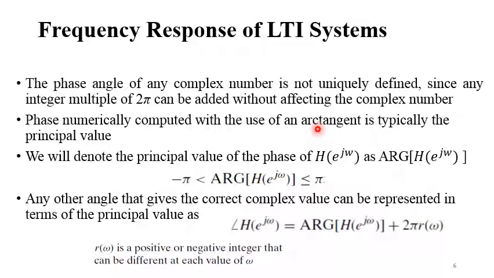The value given by this is called the principal value, and we denote the principal value of the phase as capital ARG, that is, the argument of H of e to the j omega. This principal value has a value between minus pi and pi.